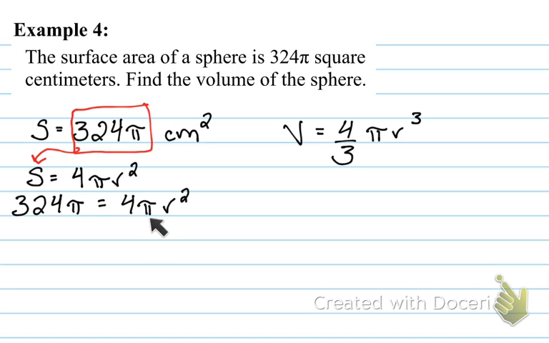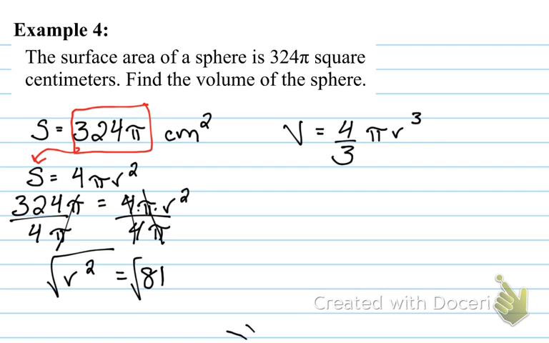Between the 4, the pi and the r squared is multiplies, so to undo multiplies we need to divide. 4 divided by 4, pi divided by pi is 1, so I need to take 324 divided by 4. So r squared is 81. When I square root both sides, my r is equal to 9. So we now know my radius is 9.